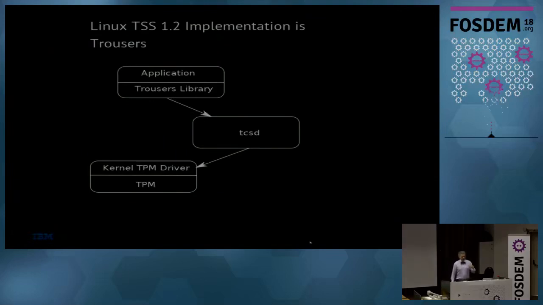And the problem here is that there is no encapsulation between any of the layers. So understanding leaks all the way up and down this stack. And that means that if you just understand the TPM, you can't program trousers. If you just understand the TPM and TCSD, you still can't program trousers. You need to understand all of these three components. So the amount of information you need to understand is 3 times more than is actually necessary.